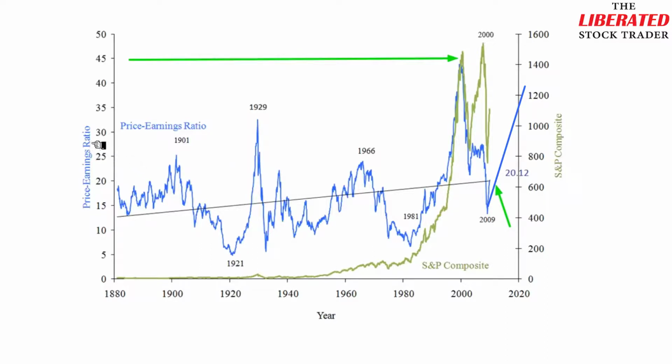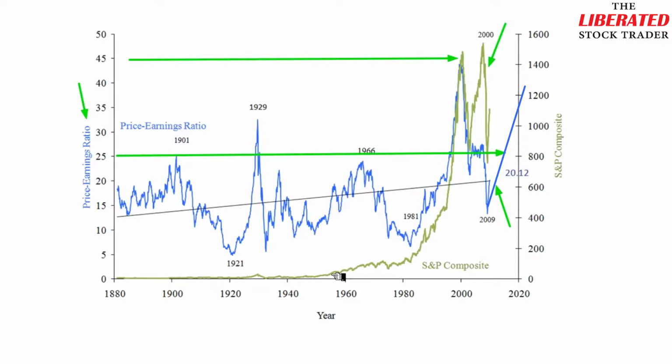So here you can see in blue the price-earnings ratio, and in green here you see the S&P Composite. And what we can see here, as we reviewed in previous sections, that the price earnings ratio here of circa 25% resulted in some rather huge crashes previously.